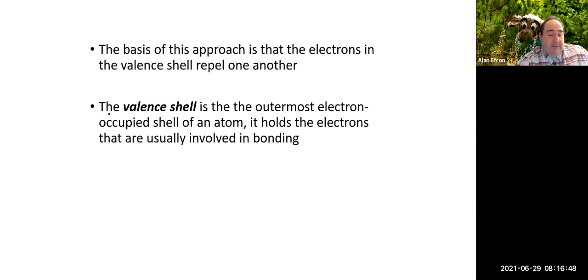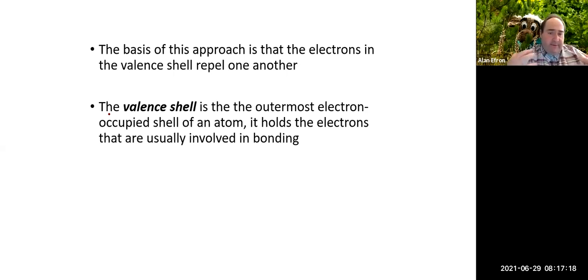So if you logically think about that, you've got these two electrons holding this thing together, and they really don't want to be there, and they try to get away from each other, that's going to affect the overall shape of a particular molecule. And that's essentially why we get these different shapes that we associate with certain compounds, based on the number of bonds, the number of electron pairs that are present.